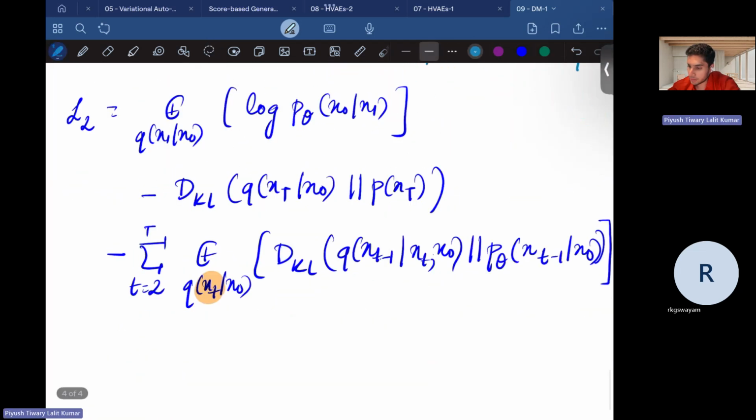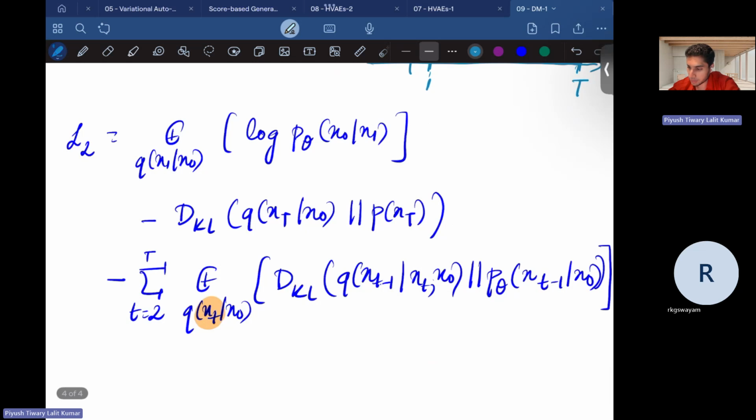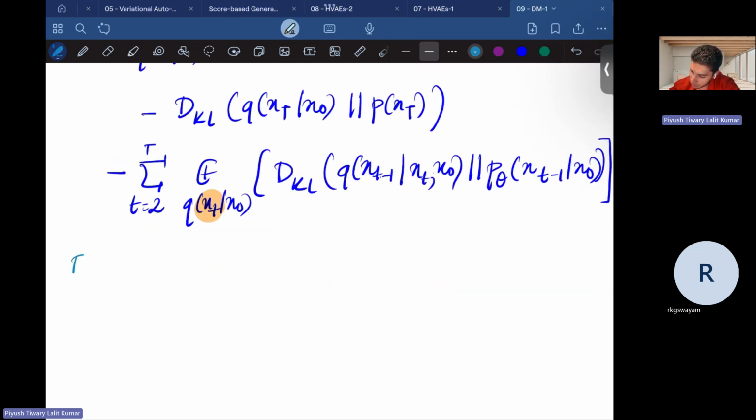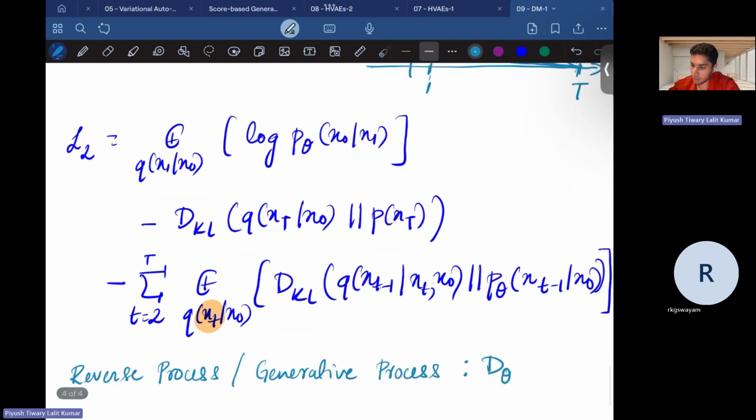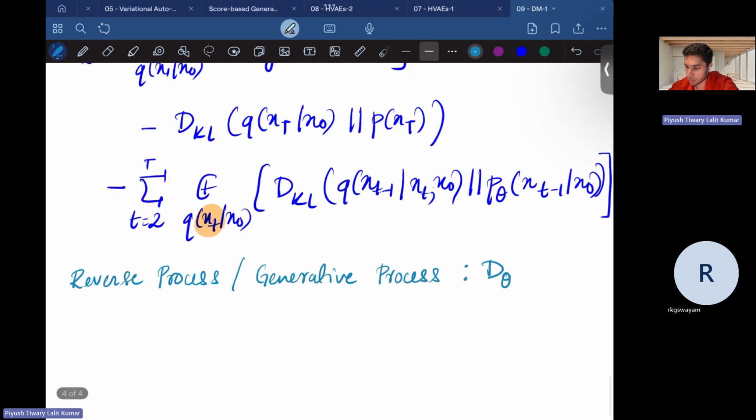Now the reverse process, or the generative process, we have to learn that. So we are going to learn a denoiser, maybe some D theta, using this L2 loss function. Is that fine?